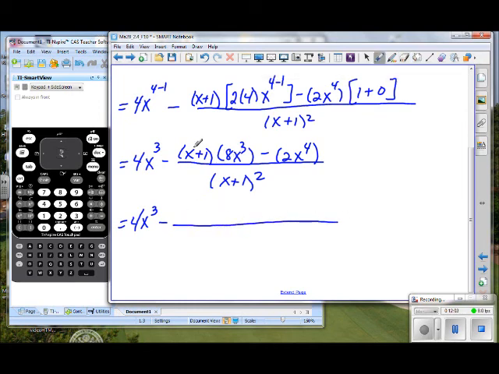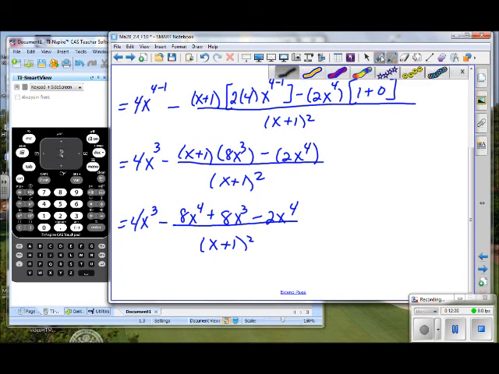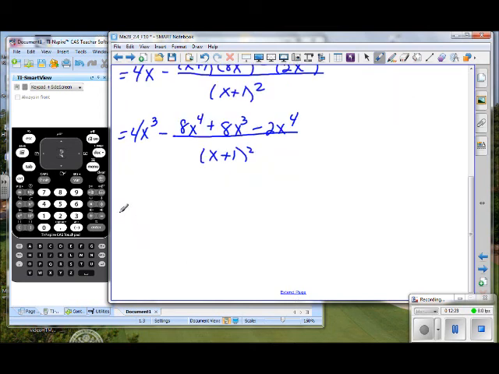Okay, so I'm going to have, let's see, this is going to be 8x to the fourth plus 8x cubed minus 2x to the fourth, and that's all divided by x plus 1 quantity squared. There's some terms we can simplify here, so let's take care of those. 4x cubed minus, and looks like we're going to get a 6x to the fourth plus 8x cubed divided by x plus 1 quantity squared.